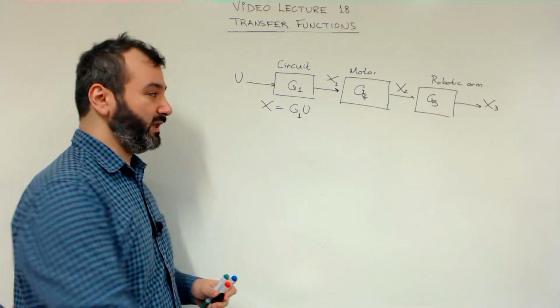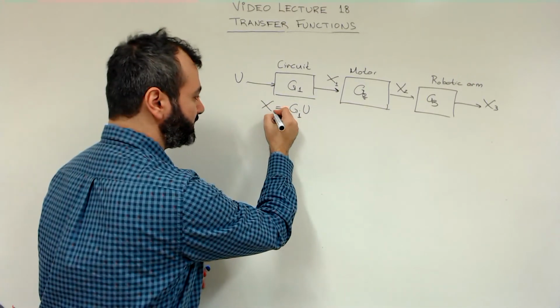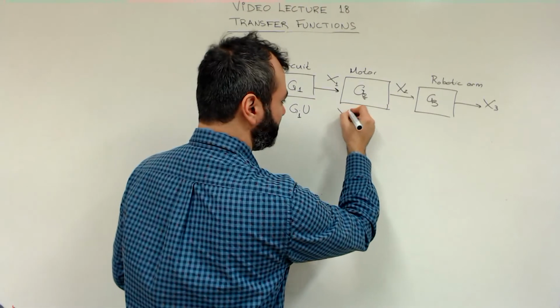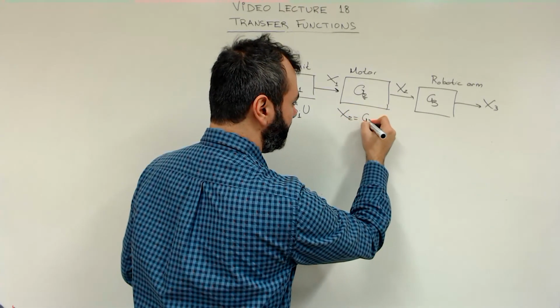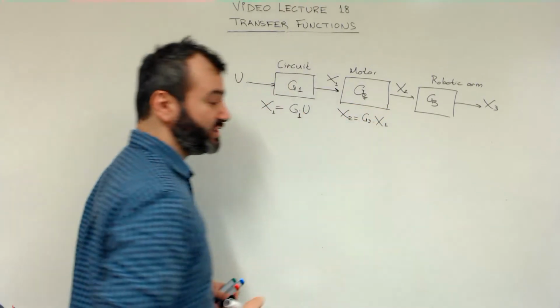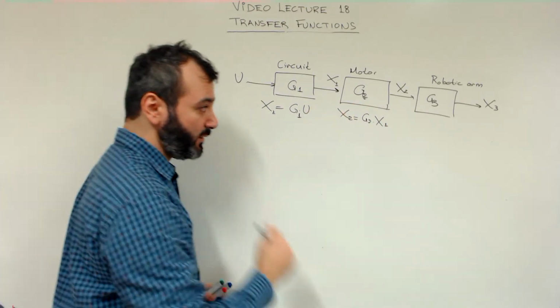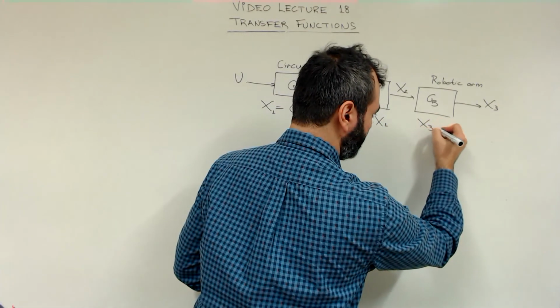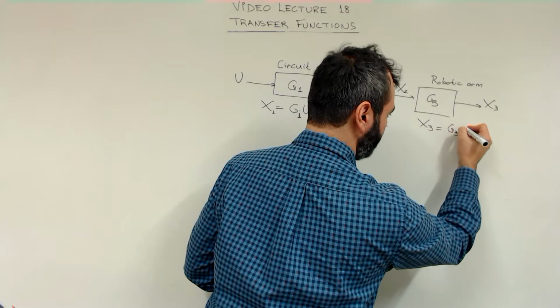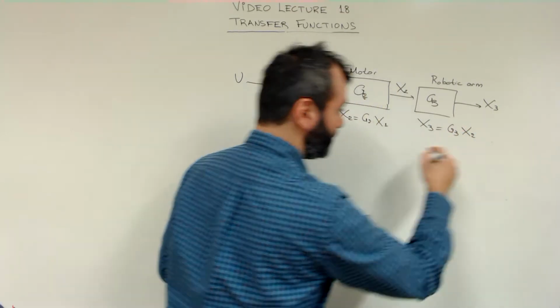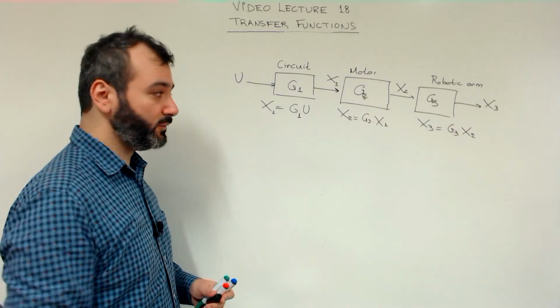How is that? We have X1 is G1 times U, then X2 is G2 times X1, X3 is G3 times X2, all right?